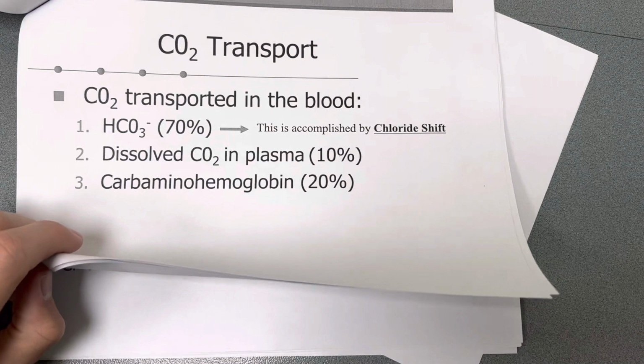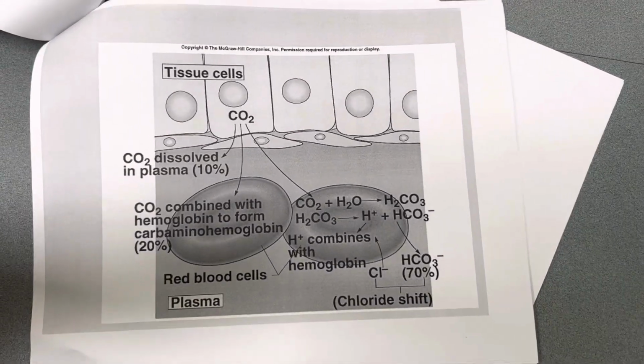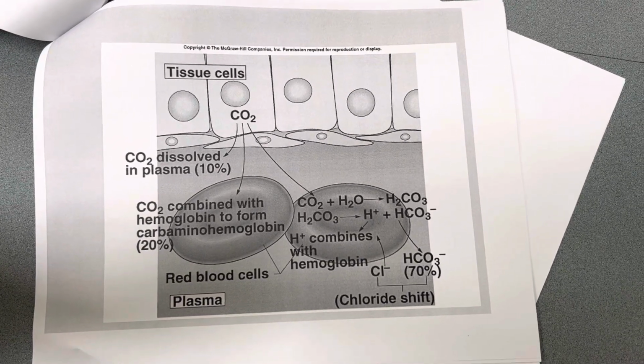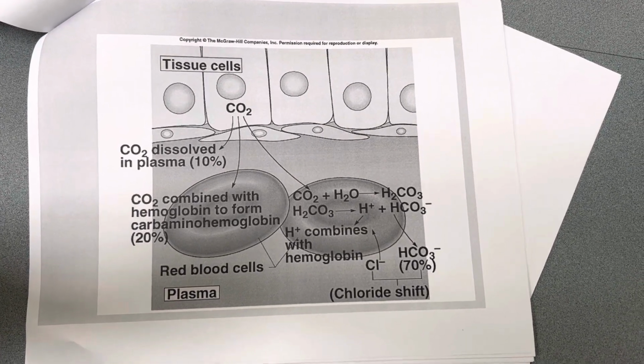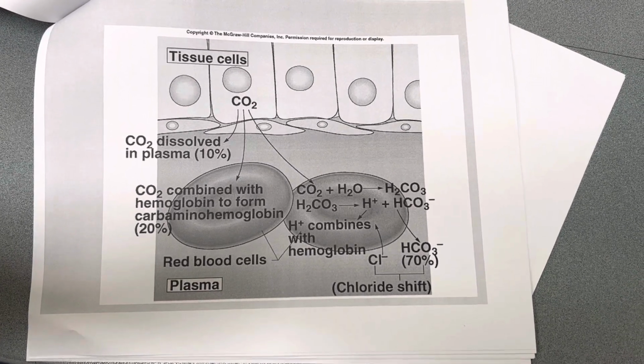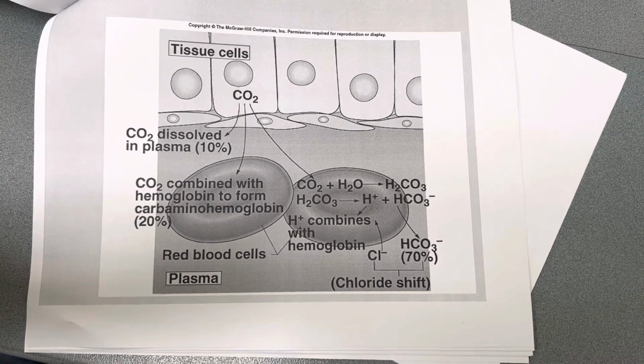It's a tough word to say. At cell tissues, CO2 dissolved in plasma is 10%. CO2 combined with hemoglobin to form carbaminohemoglobin, 20%.